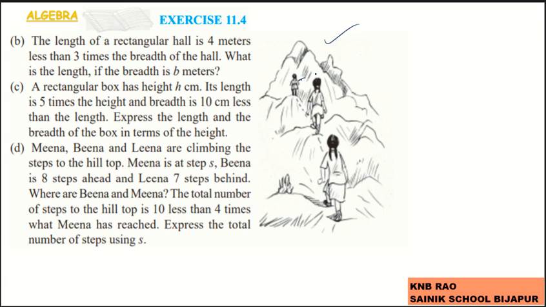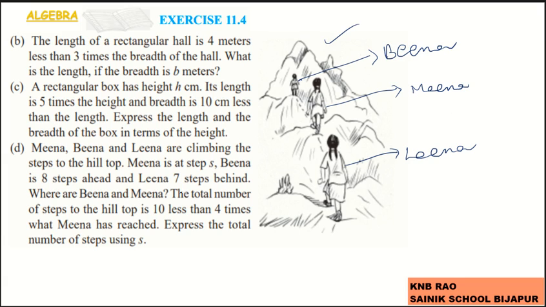The person who is ahead, the person in the middle, and the person last down. Meena is at step s, and Beena 8 steps ahead, so Beena is in the first position, and Leena 7 steps behind, so Leena is down.